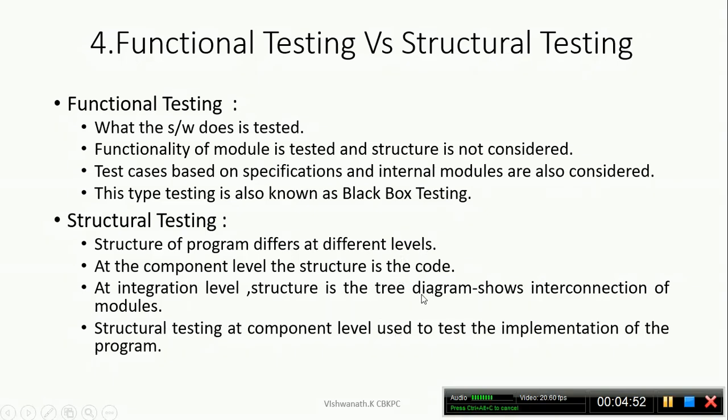The tree diagram represents the interconnection. Generally, a tree representation is used to denote the interconnection of different models. So with respect to testing, at the integration level the structure is denoted by the tree diagram, which represents the interconnection of the models.